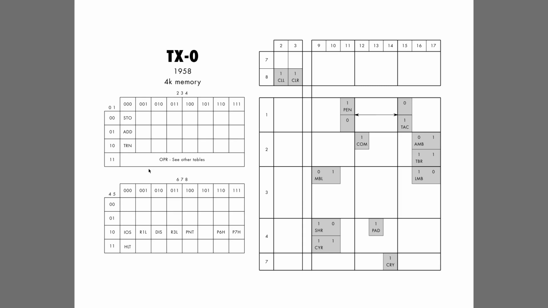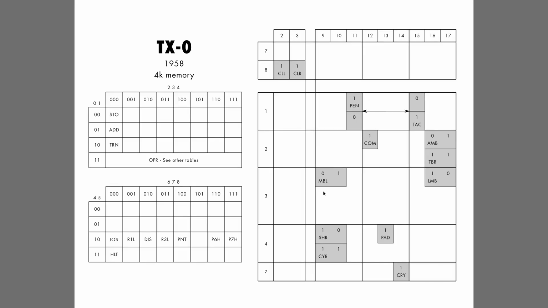And finally 1, 1 encodes the operate instruction, which does not use an address, and instead the bits are decoded in a different way, which is shown in this right and lower table. So the way this works is that individual bits or bit combinations indicate that specific operations, the ones that we've seen in the discussion of the data path, are to happen at different points of time during a cycle.